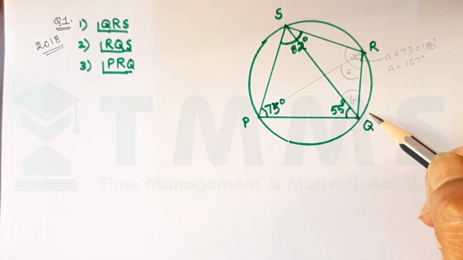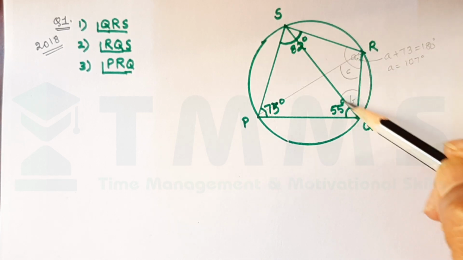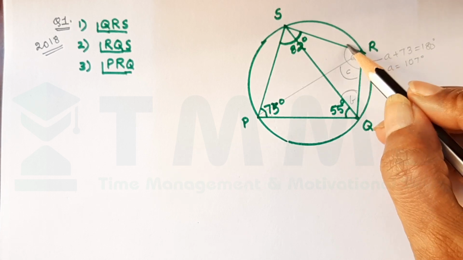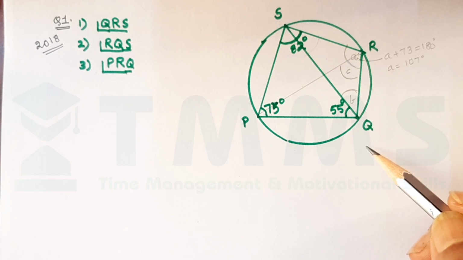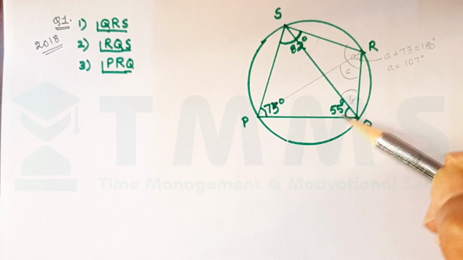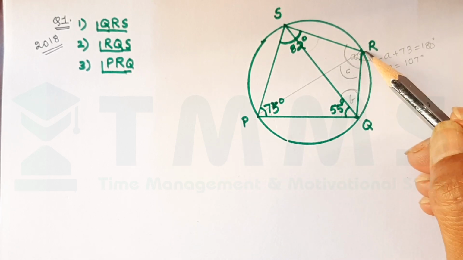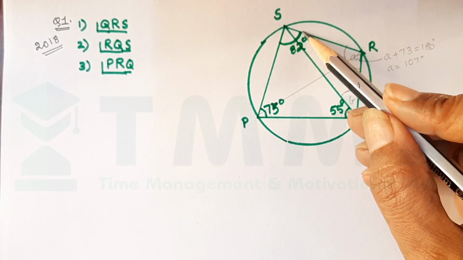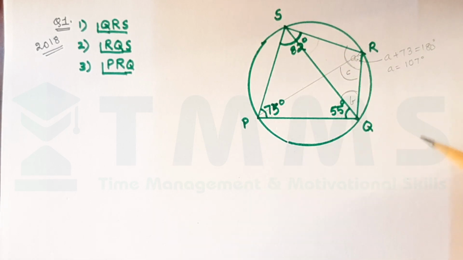When we look at this B, we have to see what B is a part of. B is part of this triangle. Now we have to find B. We know this angle is 107, but we do not know how much is this angle. So we look at another possibility. Can you see B is part of this angle PQR? 55 plus B is angle PQR. And this PQR can be connected with this 82. Again, we will say that the opposite angles, that is S and Q, are supplementary.